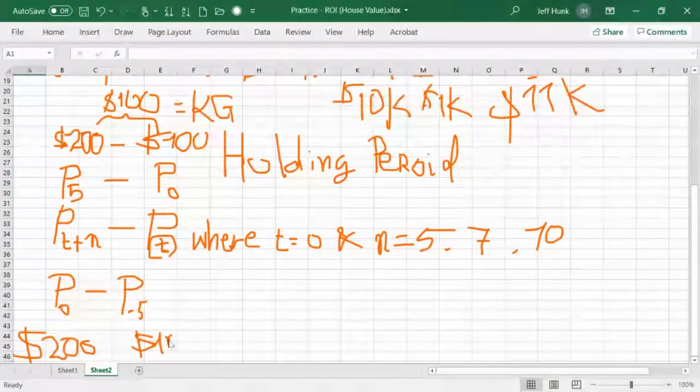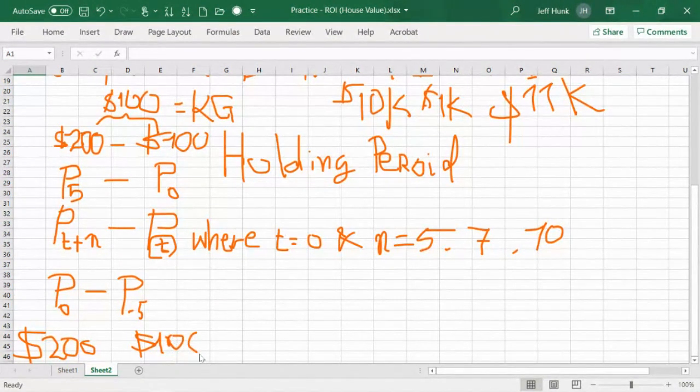Okay? It's the same scenario, but because we don't know what the price in 5 years is going to be, what we can do is subtract: the initial time was 5 years ago, right? That's when you bought it. And now is time 0. So we can put it this way.